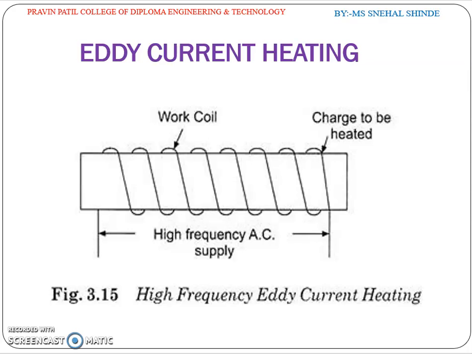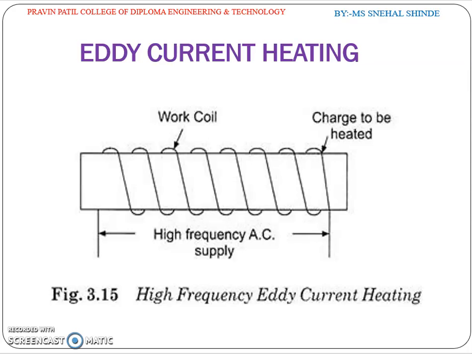Very high frequency, about 10,000 Hz to 40,000 Hz AC supply is used, with frequency control and flux density control equipment. The charge or load to be heated is placed inside the coil arrangement.